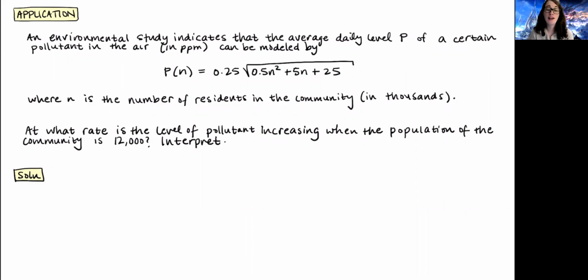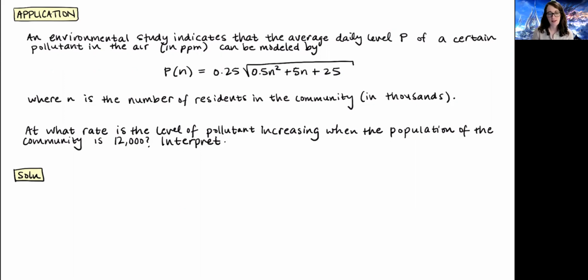In this video, we'll look at one application that requires use of the chain rule. So here's a function from an environmental study that indicates that the average daily level, capital P, of a certain pollutant in the air in parts per million can be modeled by this function, P of n equals 0.25 times the square root of 0.5n squared plus 5n plus 25, where n represents the number of residents in the community in thousands.